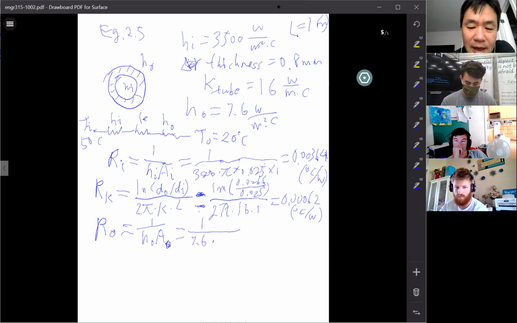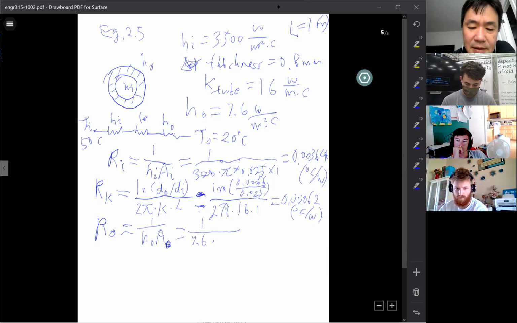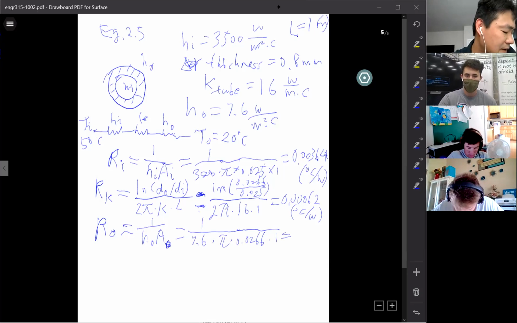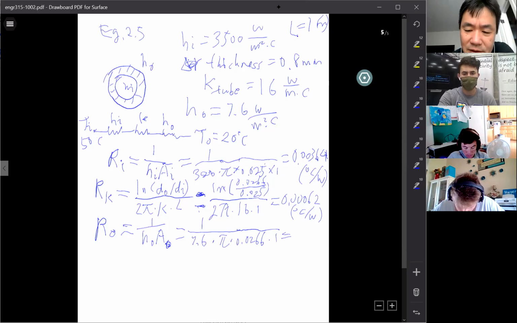So pi D is 0.0266 as we discussed last, right? In RK, right? Times 1. Okay. So the value is much bigger. The resistance on the convection at the outside is 1.575.